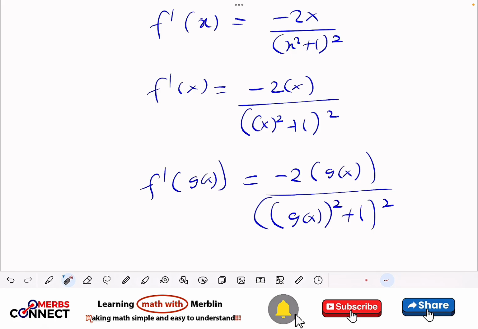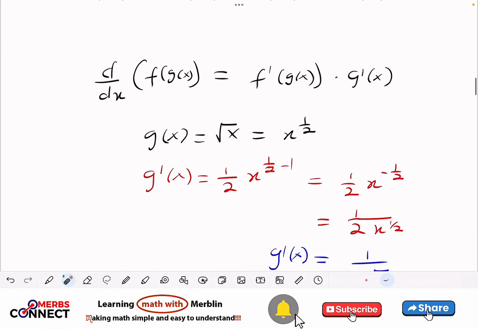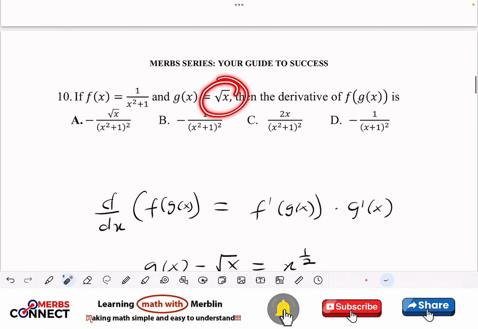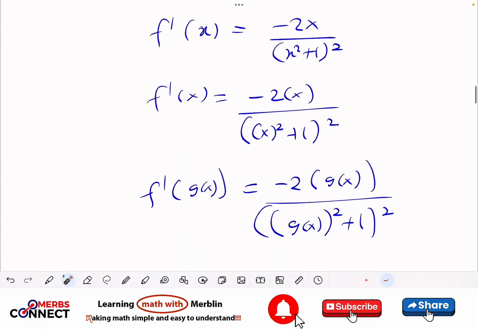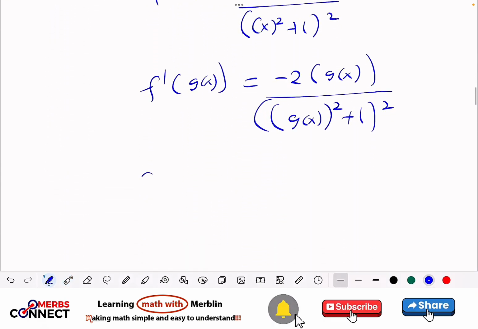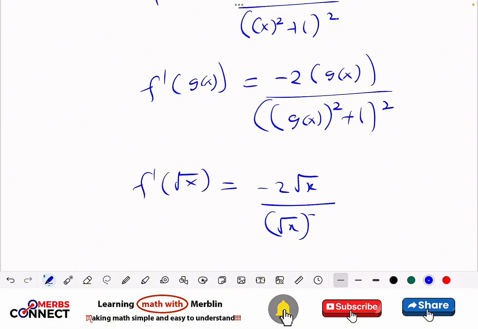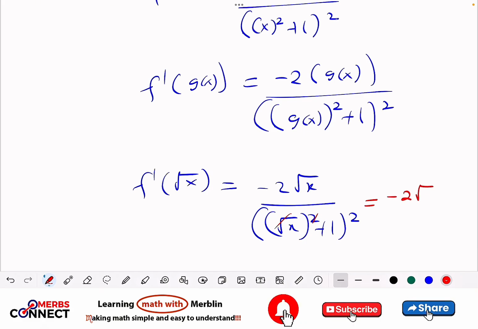Now what is g of x? g of x is given as the square root of x. So now let us replace all the g of x by square root of x. So f prime of g of x is equal to minus 2 square root of x divided by square root of x squared plus 1 all squared. So this one will cancel this, and we are going to have minus 2 square root of x divided by x plus 1 all squared.